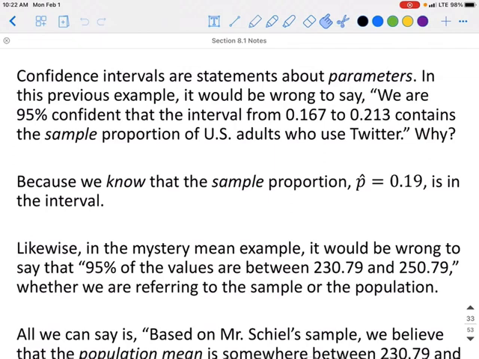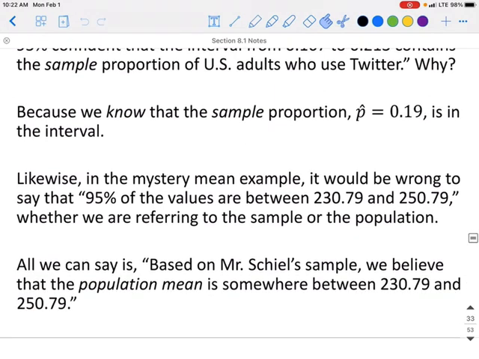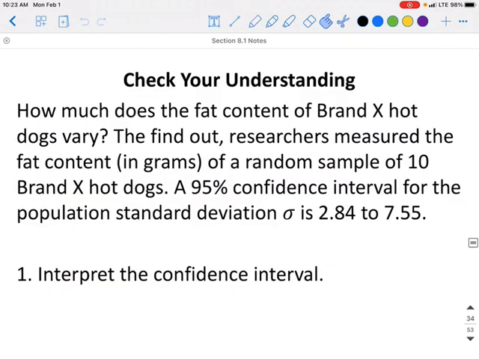Likewise, in the mystery mean example, it would be wrong to say that 95% of the values between 230.79 and 250.79 are in the interval, whether we are referring to the sample or the population. All we can say is, based on Mr. Shields' sample, we believe that the population mean is somewhere between 230.79 and 250.79.